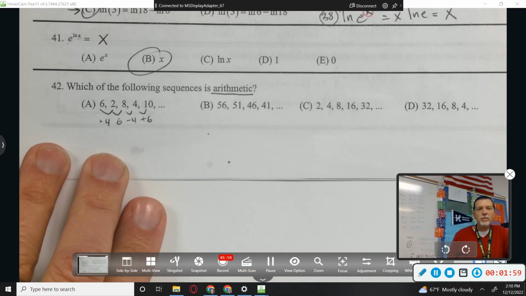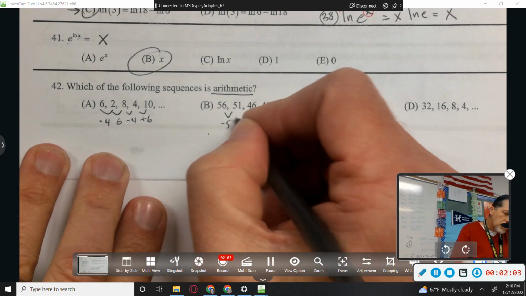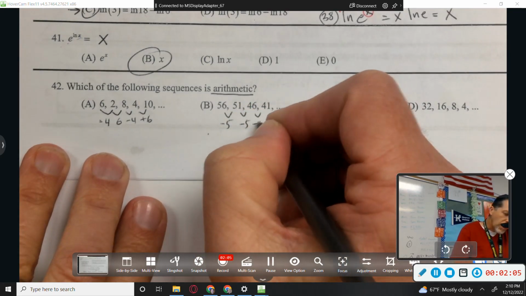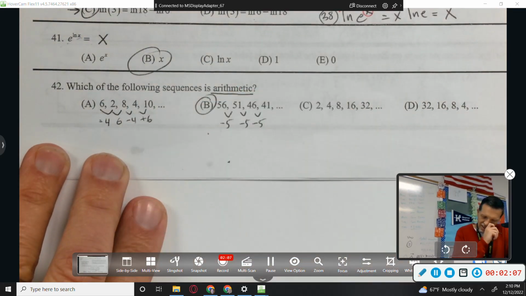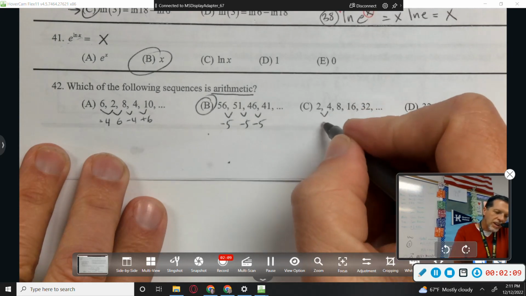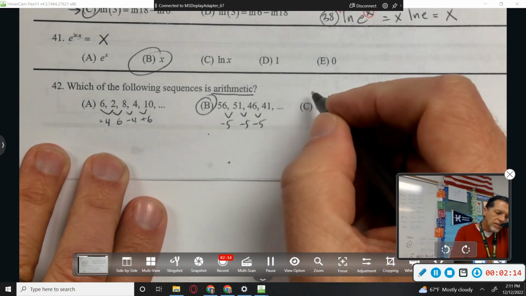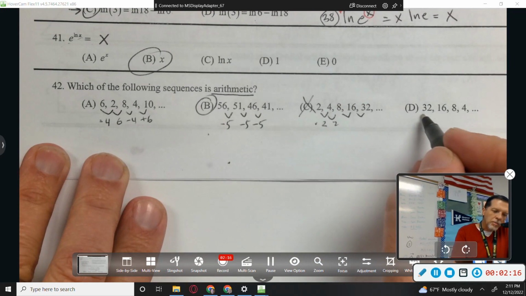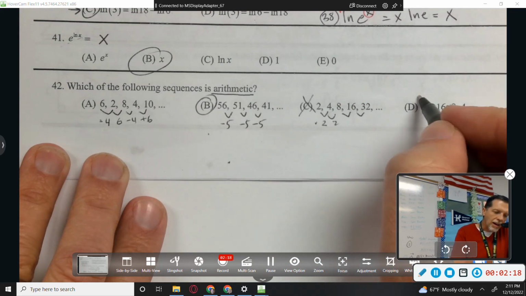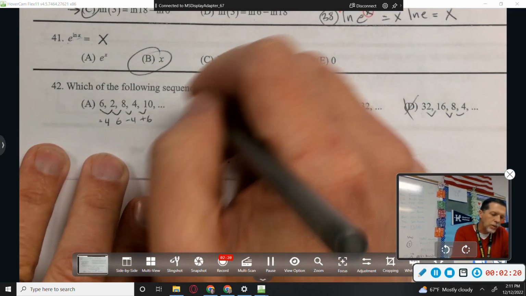There is a pattern, but not arithmetic. Subtract 5, subtract 5, subtract 5. I think we have a winner. If you want to double check, multiply by 2, and so on. So that's not arithmetic. Multiply by a half, by a half, by a half. So that's not arithmetic either. So yes, it's B.